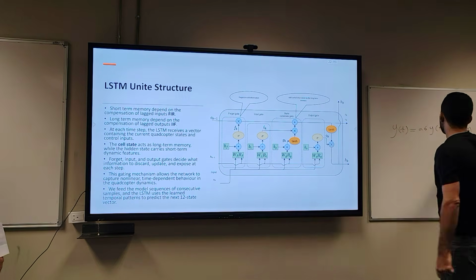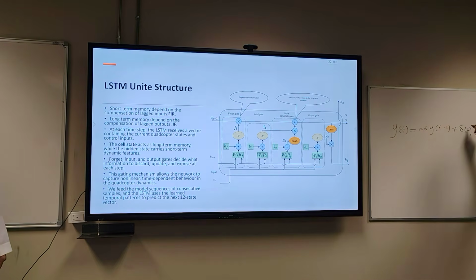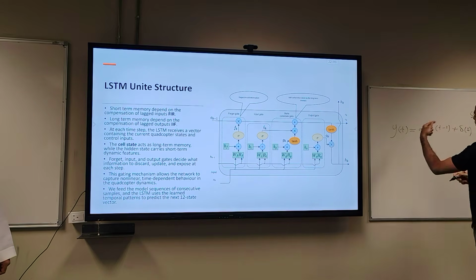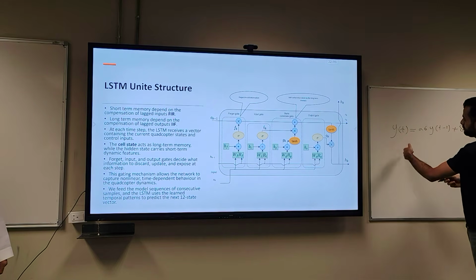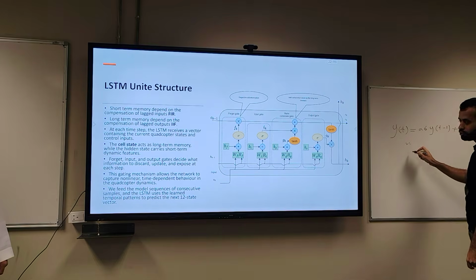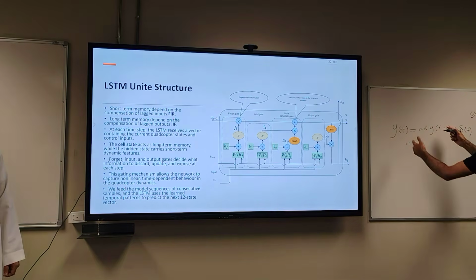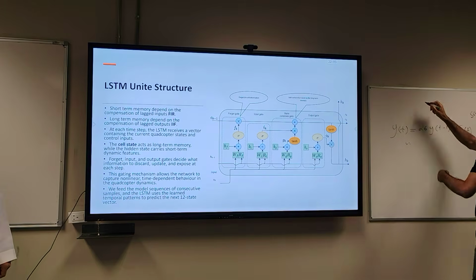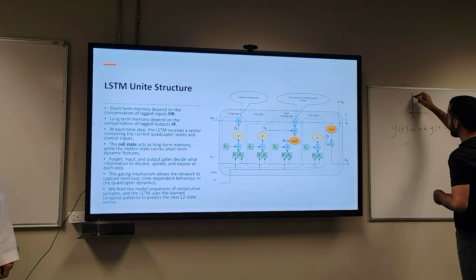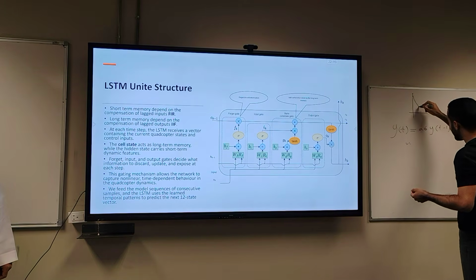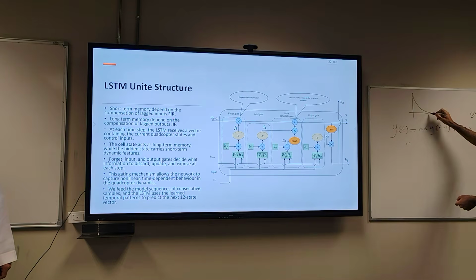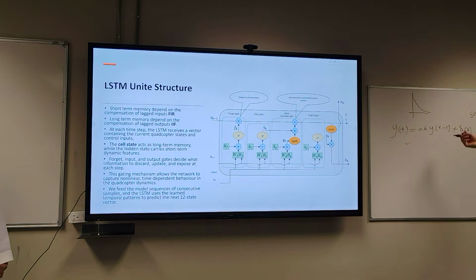If we give an impulse at time equal 0, an impulse function with magnitude equal to 1, and then we calculate the iteration every time for t equal 1, t equal 2, t equal 3, we can see that the system decays geometrically with time, but we will never reach 0, because this is long-term memory.